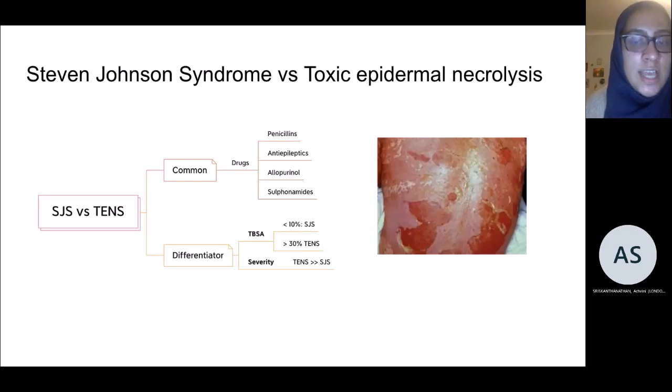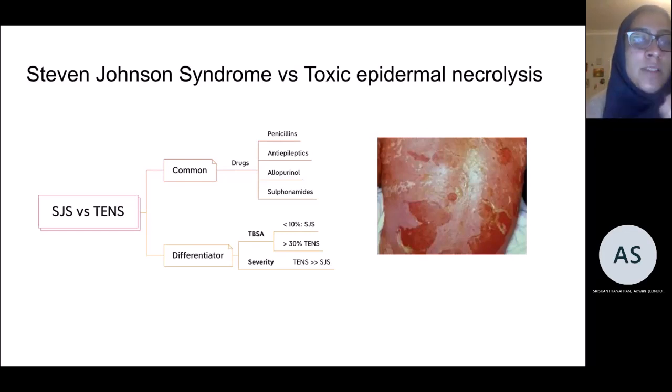With toxic epidermal necrolysis, you will get more than 30% of your body surface area affected. They're basically the same condition, just different scales of severity. And there's an overlap where 10 to 30% of your skin might be involved, in which case you get a blurring between SJS and TEN.